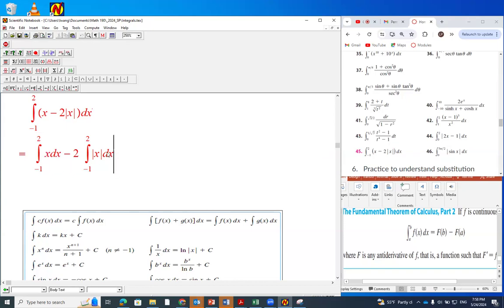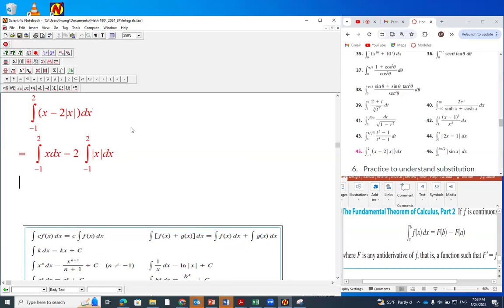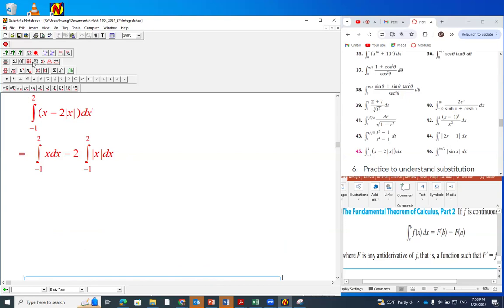But on the second part, because the interval is between -1 and 2, I'm going to draw a little number line here, from -1 to +2, and there's a 0 there.